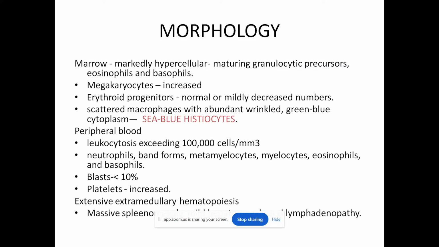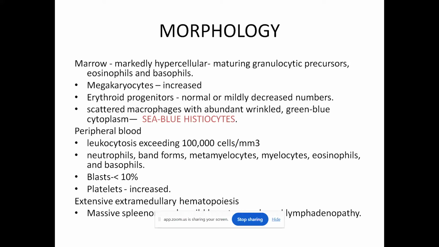Maturation is not affected; BCR-ABL does not affect maturation here, unlike AML. So matured cells can be seen: maturing granulocytic precursors, eosinophils, basophils. Megakaryocytes are also increased. Erythroid cells can be normal or decreased due to the hypercellularity.